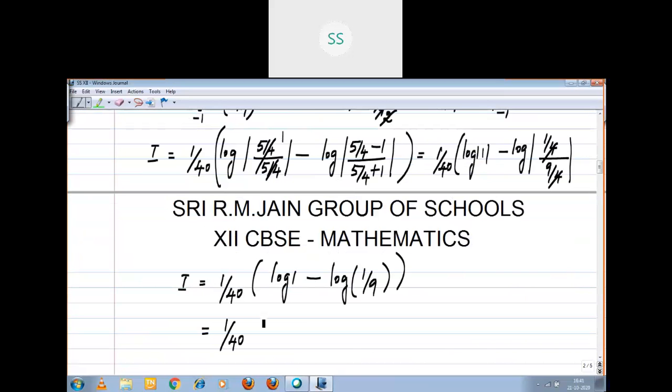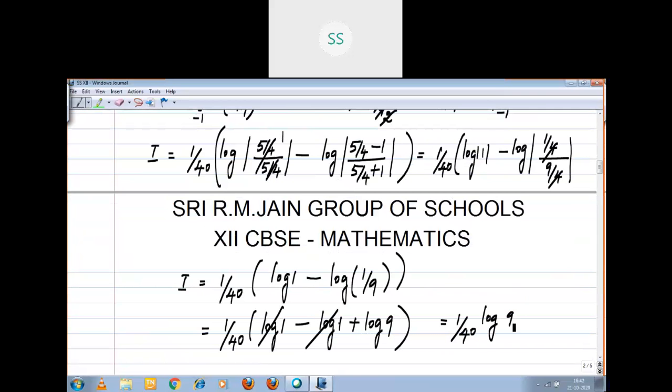Log a by b can be written as log a minus log b. Right? Log 1 plus log 9. Log a minus log b, minus is there, so minus into minus is plus, which is equal to 1 by 40 into log 9.